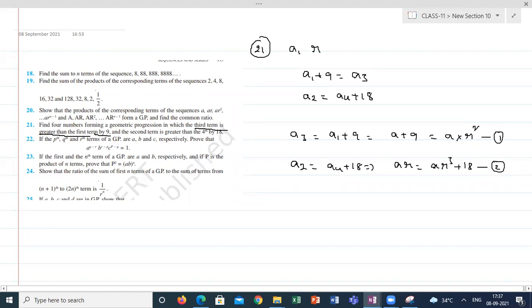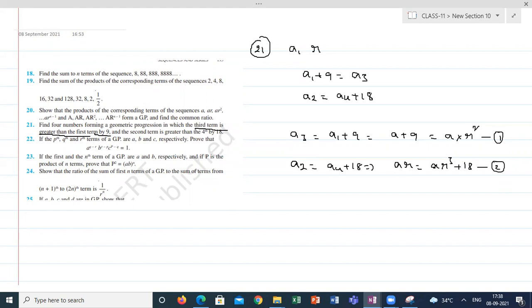So how can we calculate the A and R values from the first and second relation? What can I do to calculate the A and R values? Sir, a doubt, sir. Yes, please. What is the doubt? Sir, if A3 is equal to AR square, and A2 is AR, AR cube plus 18, then isn't A3 supposed to be AR square plus 9?